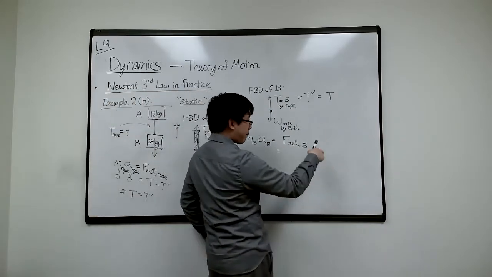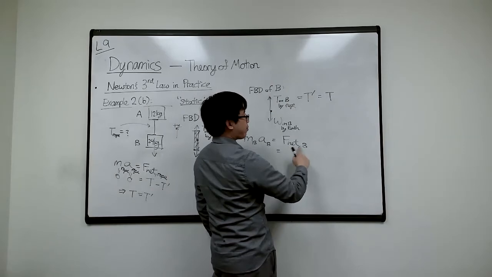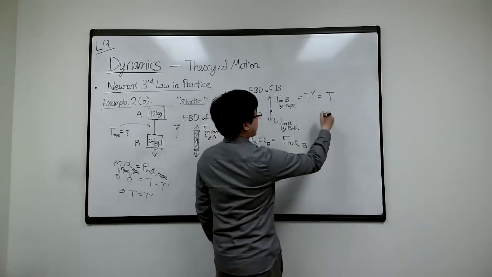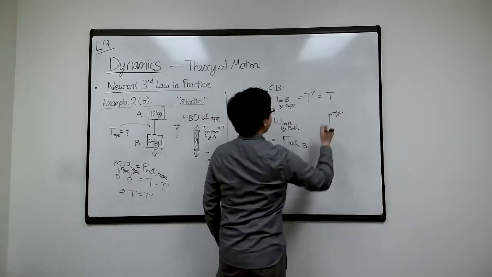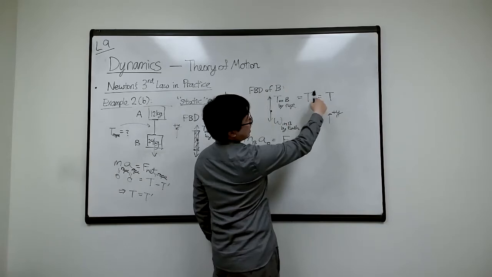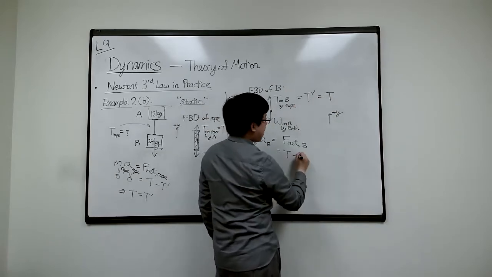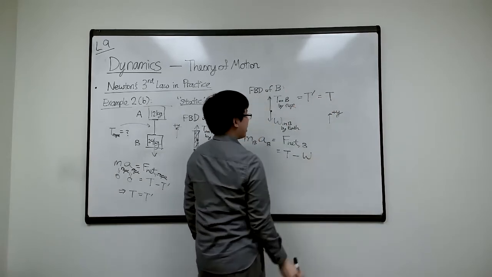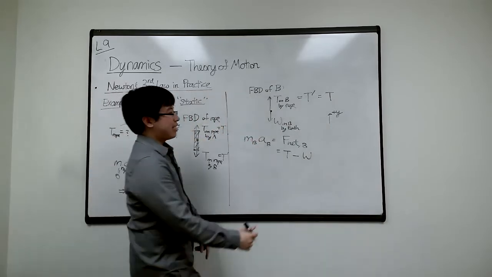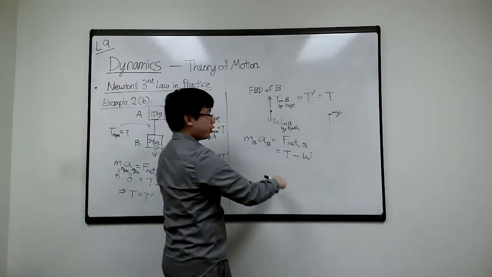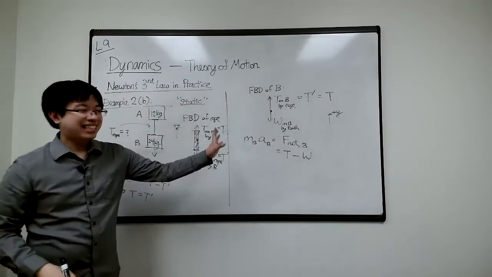So remember all the steps I wrote down. The net force on B. What did I say? I say this is positive. All right. So I'll have T. These are all the same, so I'll just use the simplest one. Minus W.